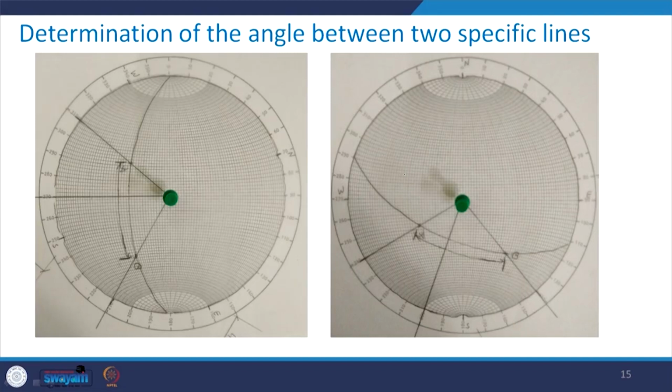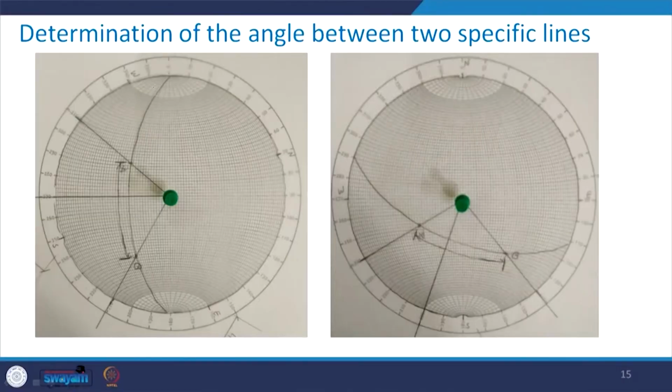Since the great circle represents a plane on the stereo plot, this will represent a plane which will be having both the lines A and B. Now, what is going to be the dip and the dip direction of that plane? So, you see how to determine that.